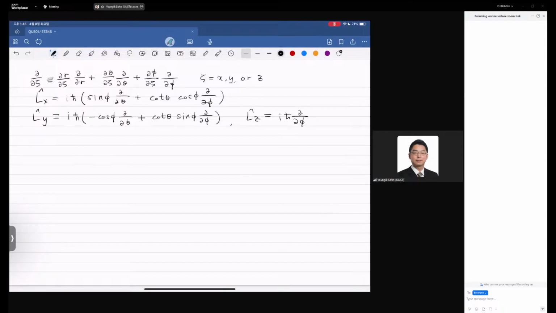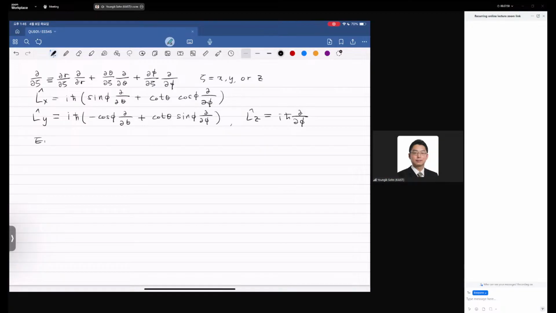Lx and Ly look a little bit long, while Lz appears quite simple. The reason is that the spherical coordinate system treats x, y, and z in an asymmetric way. z is special because theta is defined from the z-axis. For that reason, Lz appears in a simple form.